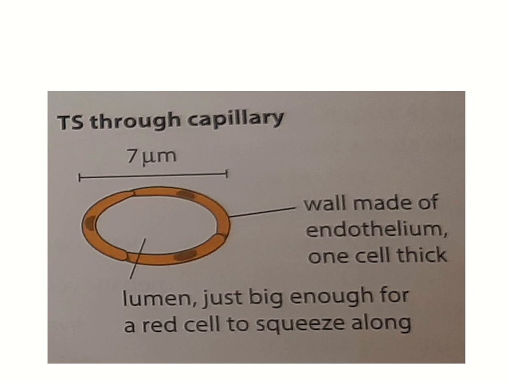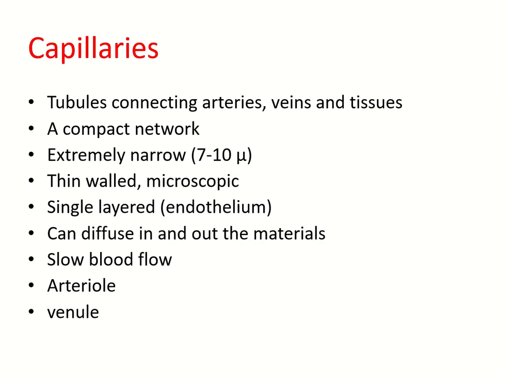Their lumen is very big. They are single celled, thin, and their wall is made up of endothelium. They have very slow blood flow because they have to carry the blood to each and every cell of the body.